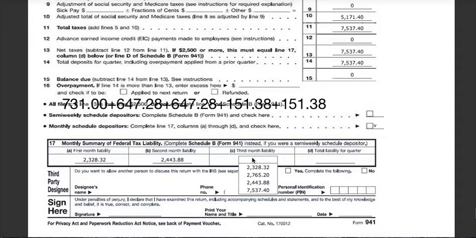And then for the third month, you have $868 plus $768.80 plus $768.80 plus $179.80 and another $179.80, which gives me a grand total of $2765.20. Add those three numbers up, and we should be getting the same number as we received up here. 7537.40.